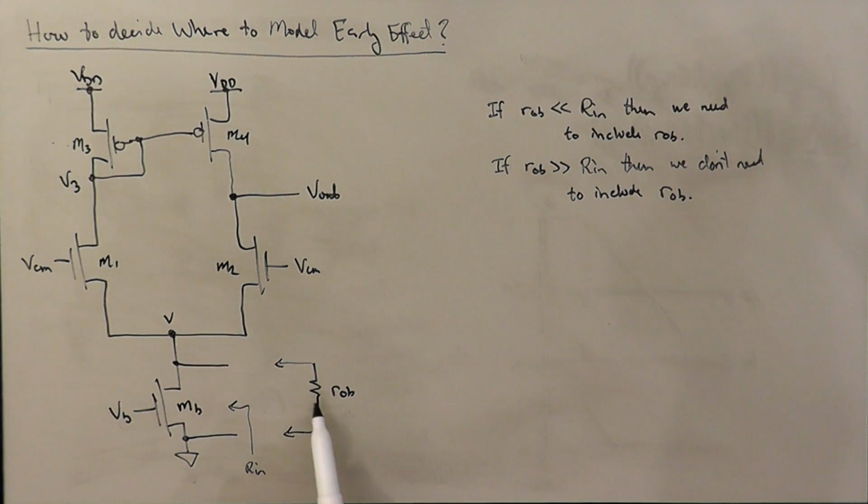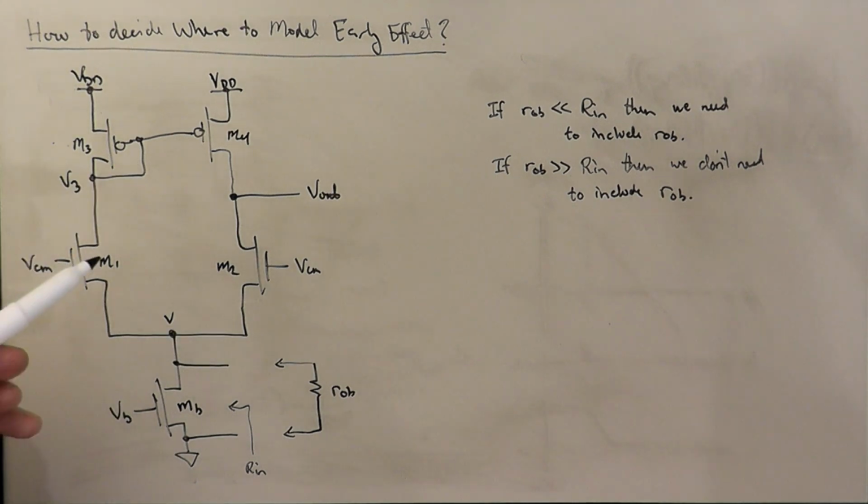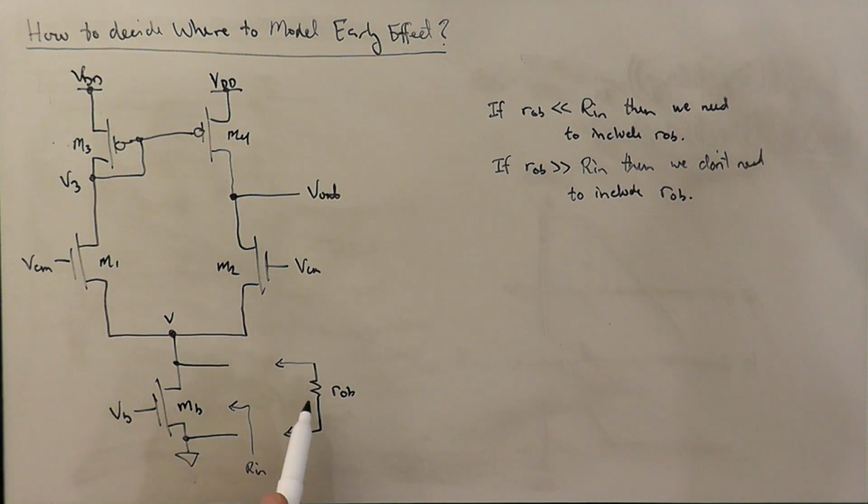Okay, so this is effectively being connected in parallel with the rest of the circuit. Not just the transistor, but also the other stuff that's connected to the transistor. And so if the transistor plus all the stuff that it's connected to renders the impedance seen looking into this port so small that ROB would be negligible in parallel with it, then we don't need to include the ROB.